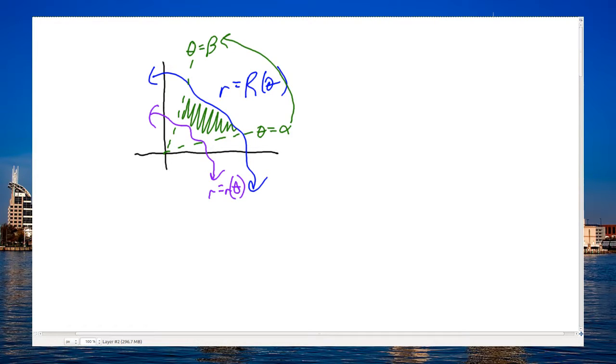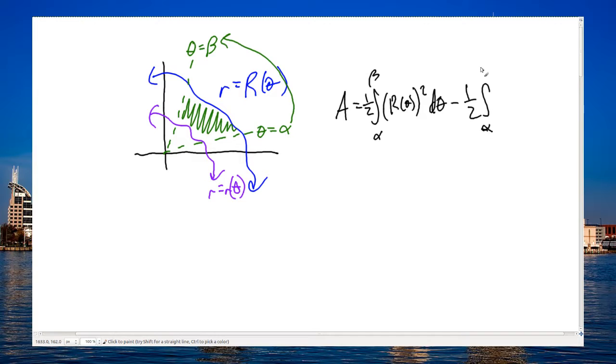Okay, well, that's easy enough because it's just a matter of subtracting one area from another. The area would be the big area, alpha to beta, 1/2 big R of theta squared minus the small area, 1/2 alpha to beta, little r of theta squared.